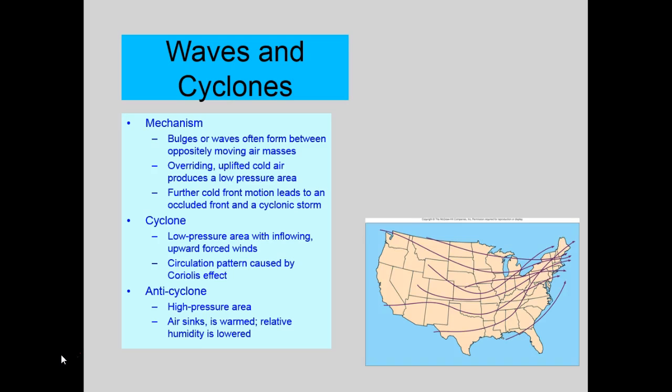Now, this is an interesting picture, and it's very relevant, okay? But it's not really all that clear what they're talking about here. This is a map of the U.S., obviously. These are the most common patterns for cyclonic activity, okay?